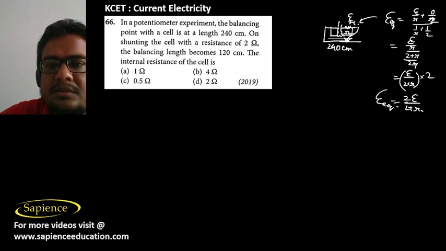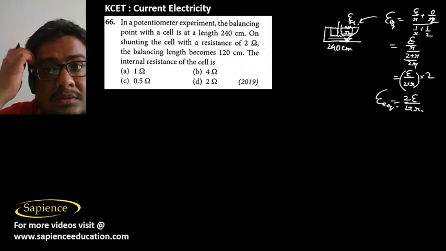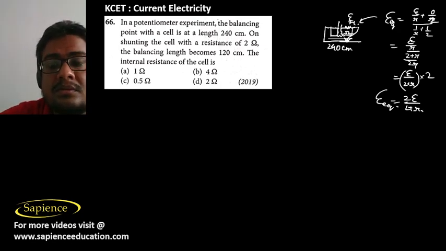The internal resistance of the cell is asked, when shunting the cell with a resistance of 2 ohm makes the balancing length 120 centimeter.